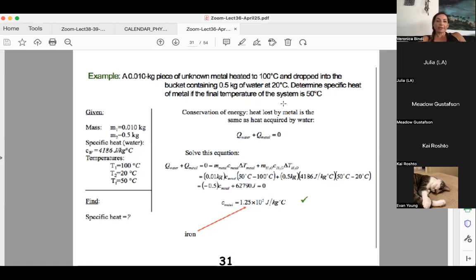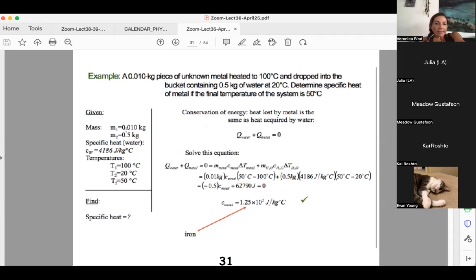So you wouldn't be able to get into the water, it's a bit too hot. So what is being asked is to determine the specific heat of the metal. So considering this final temperature, it's a bit different. We need to find which metal this is.